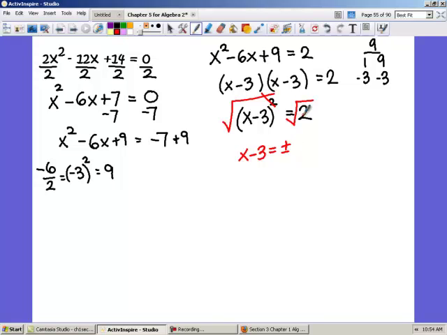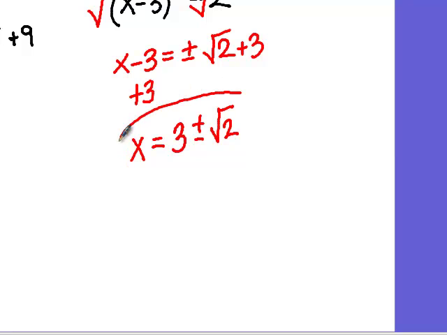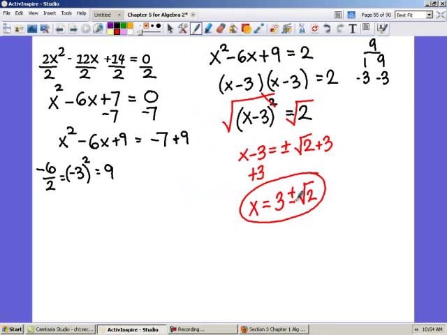I know the square root of 2 does not go down any farther, so we'll leave it how it is. And the last step would be to add 3 on both sides. And I'm going to go ahead and write it in the proper form, which would be 3 plus or minus square root of 2. So 2 answers again, 3 plus this decimal and 3 minus this decimal. And for now, you can leave your answer as a radical.